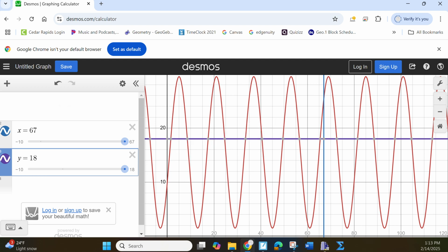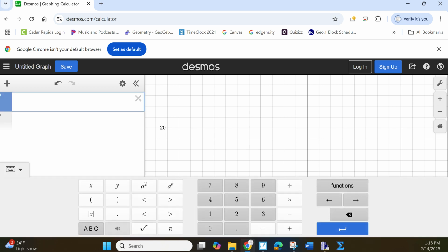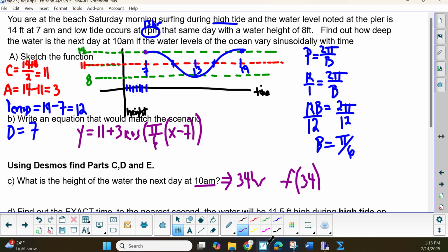I'm going to get rid of this equation right in here, and I'm going to type into Desmos right here, y is going to equal, I can't remember what I had on this one, so I need to go back and look at my equation. 11 plus 3 cosine of pi over 6, and then we have x minus 7.